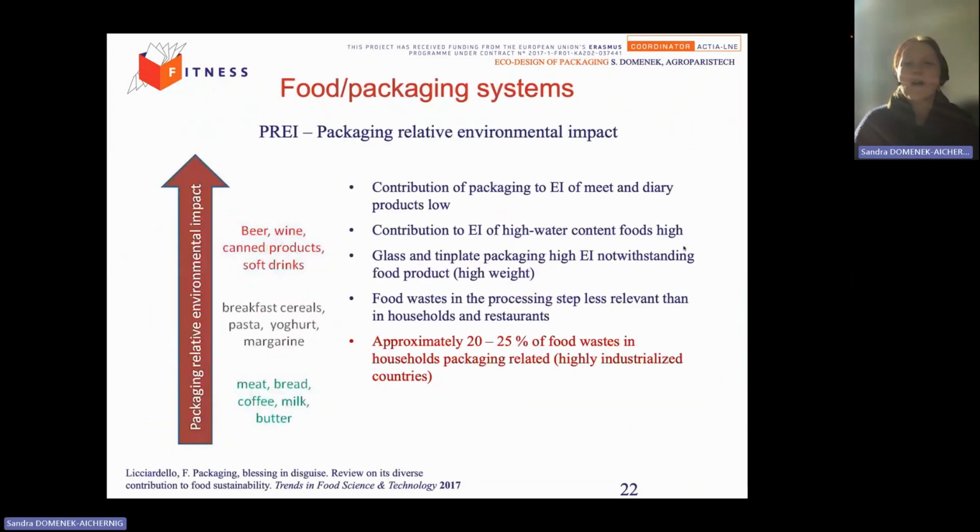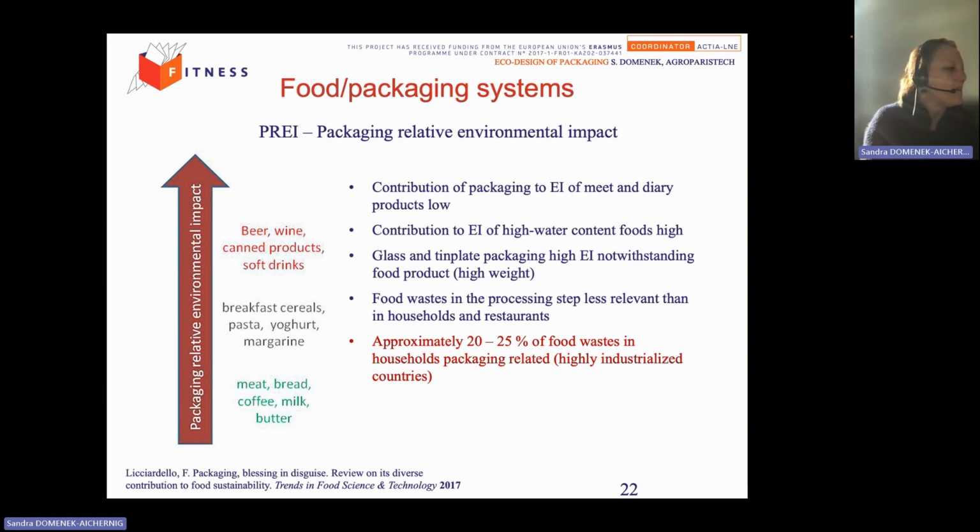One rule of thumb here would be using the packaging relative environmental impact indicator. This means that you can calculate the environmental impact of the packaging versus the environmental impact of the food which is packed inside, and then you see something which may be quite obvious. When you have products which are environmentally very, very costly to produce, like animal products like meat, milk or butter, then the relative environmental impact of the packaging is not very high.